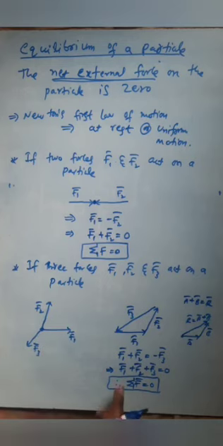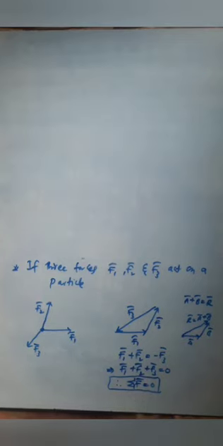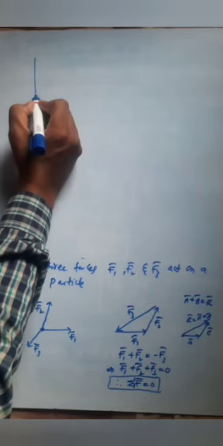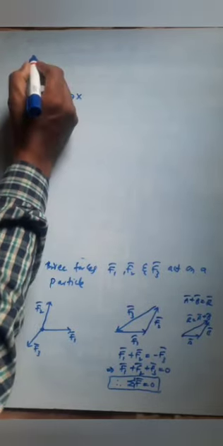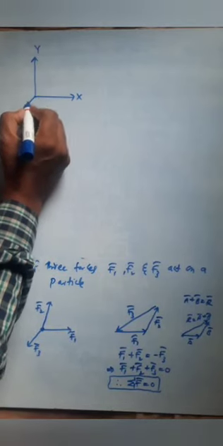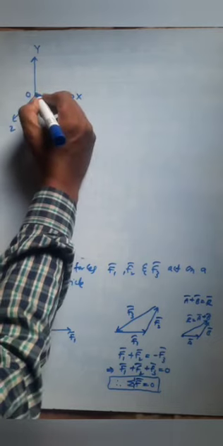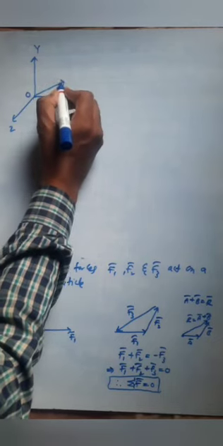Now I am taking F1 bar, F2 bar, F3 bar in vector form. In the Cartesian coordinate system we have 3 axes: this is the x axis, this one is the y axis, this one is the z axis, and this is the origin. If the force is like this, it is F bar.